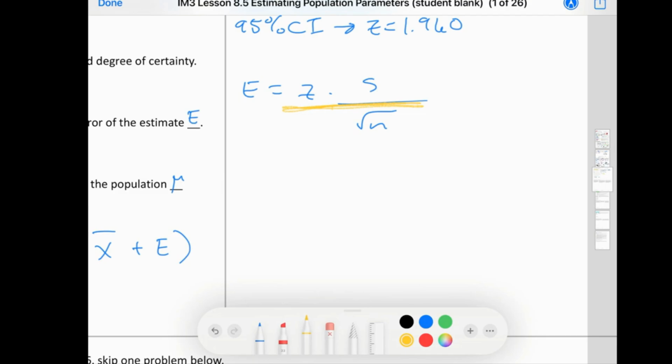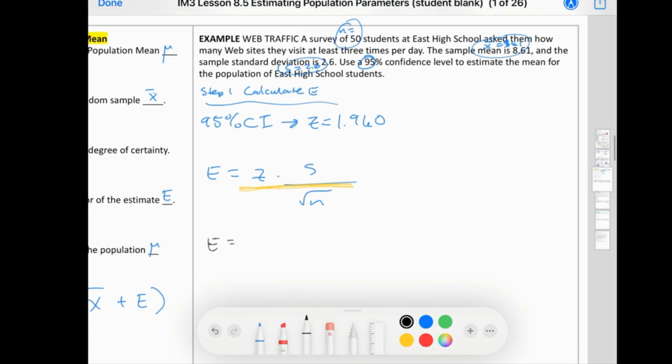Okay, so let's just calculate E here. E equals our z-score goes right there, which was 1.960. And then our standard deviation, which was 2.6. And then we're going to divide that by the square root of an n value of 50.